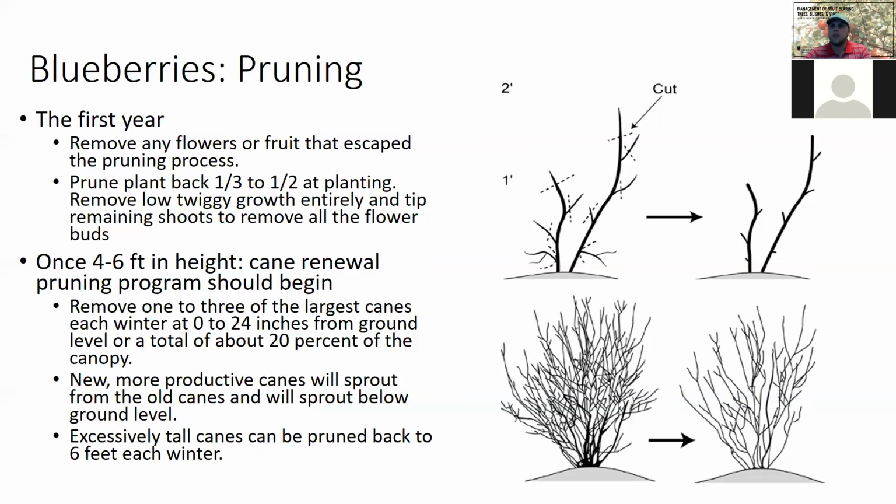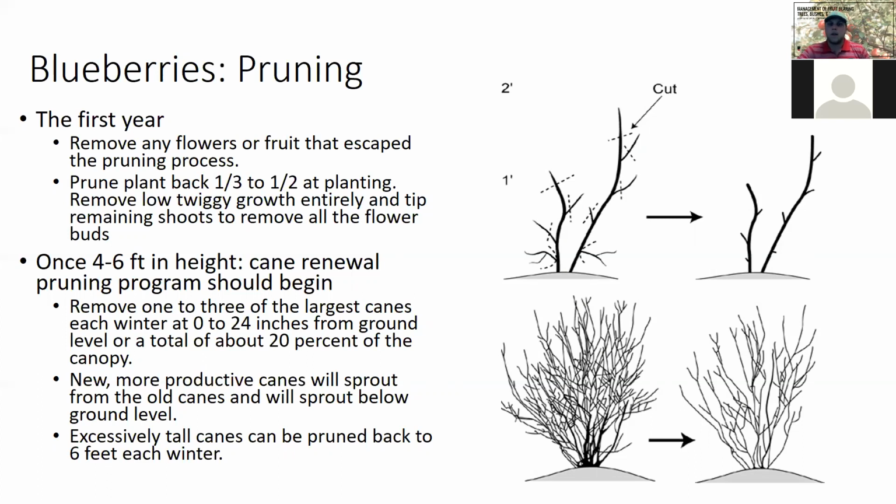Once 4 to 6 feet in height, a cane renewal pruning program should begin. Basically, that's going to be removing older canes, 1 to 3 older canes, depending on the scenario, and then allowing a new cane to come from that older cane and take its place.